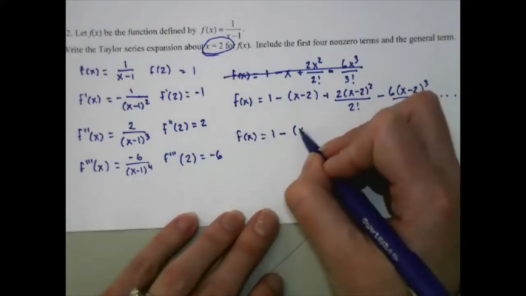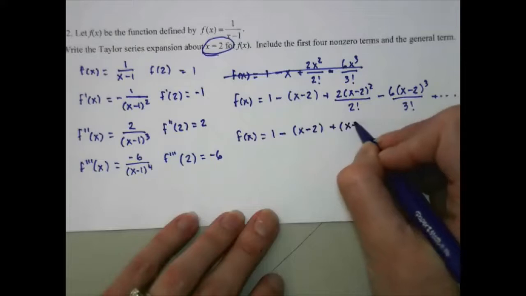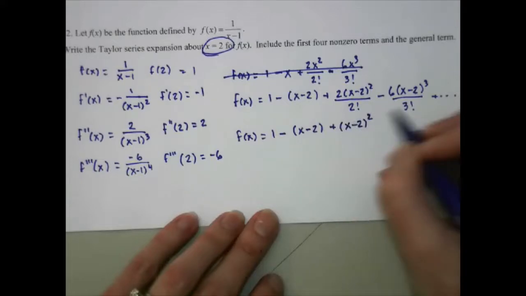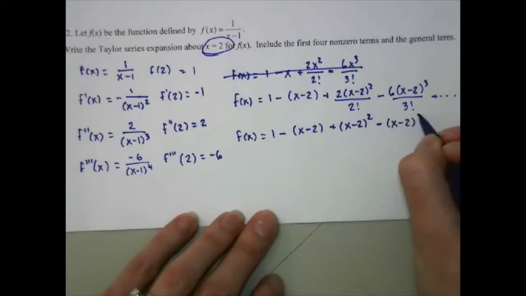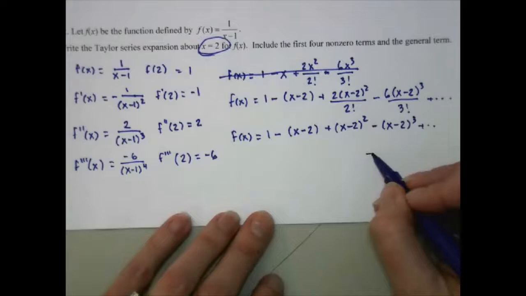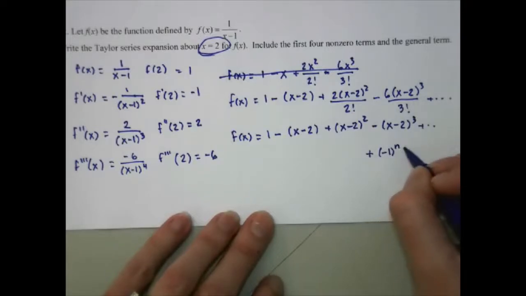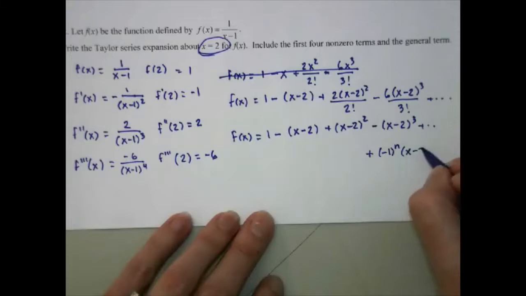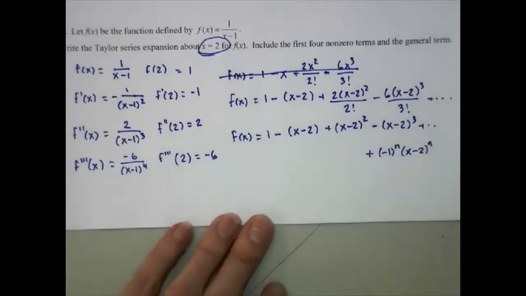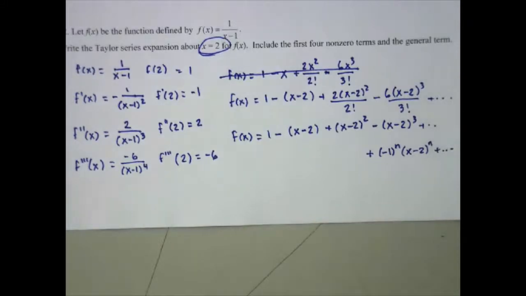So this is 1 minus x minus 2 plus x minus 2 squared minus x minus 2 cubed. So my general term is going to be a negative 1 to the n, x minus 2 to the n, plus dot, dot, dot.